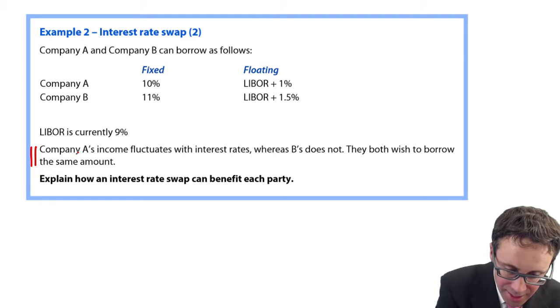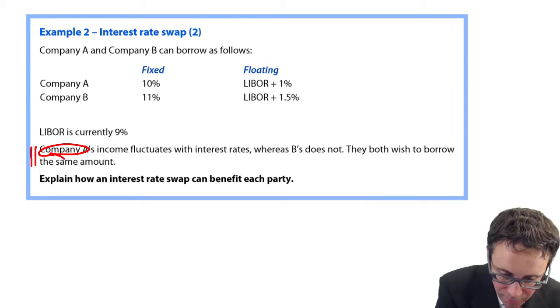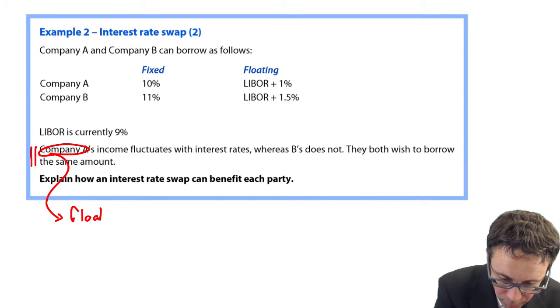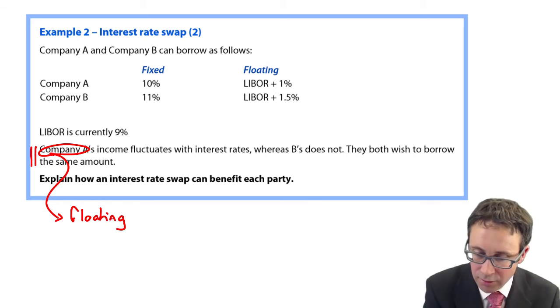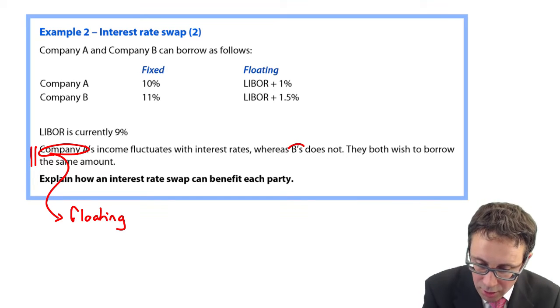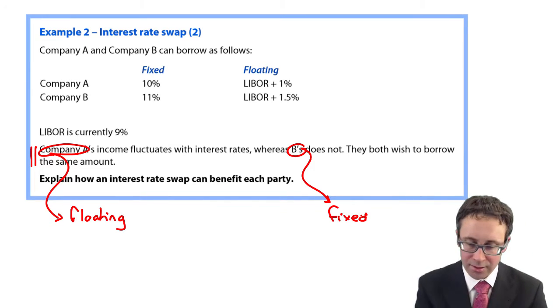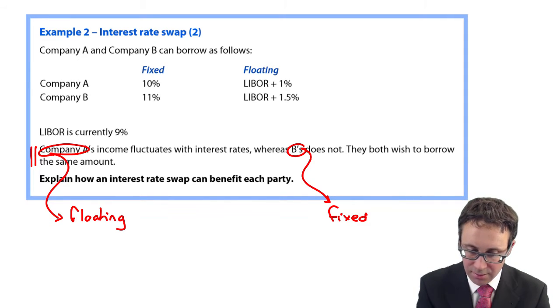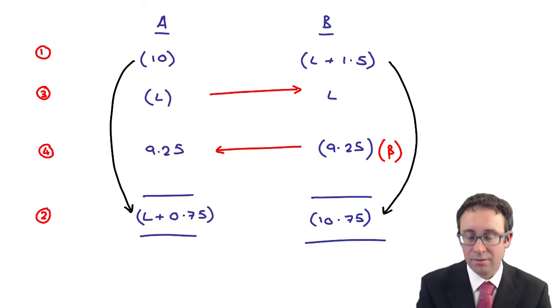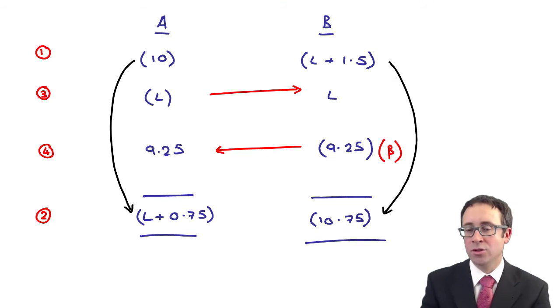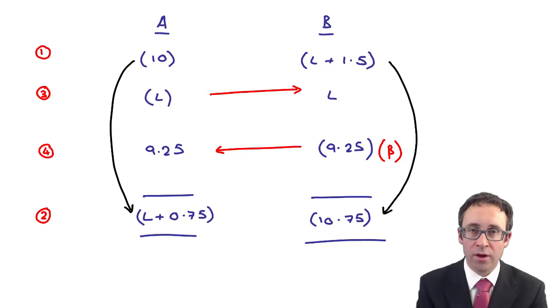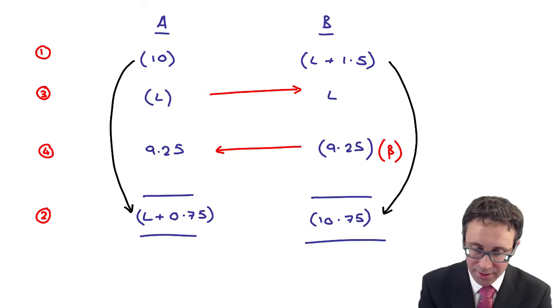If that's the case, then company A should take out floating. If B's does not, then company B should take out fixed. Hence, that's why company B ends up with fixed and company A ends up with floating. That's what they want, isn't it?